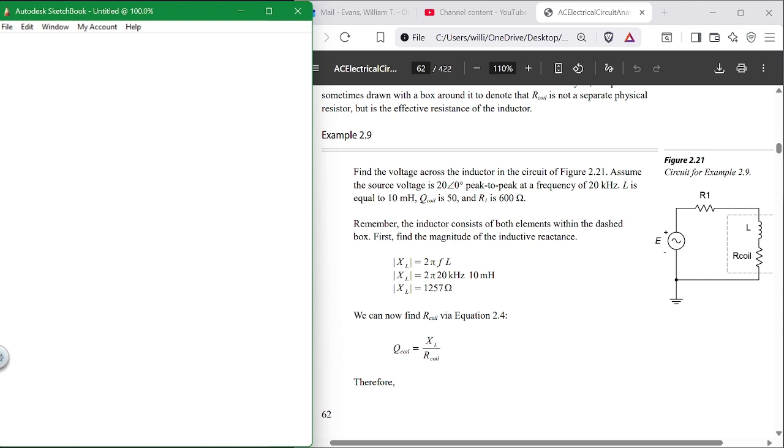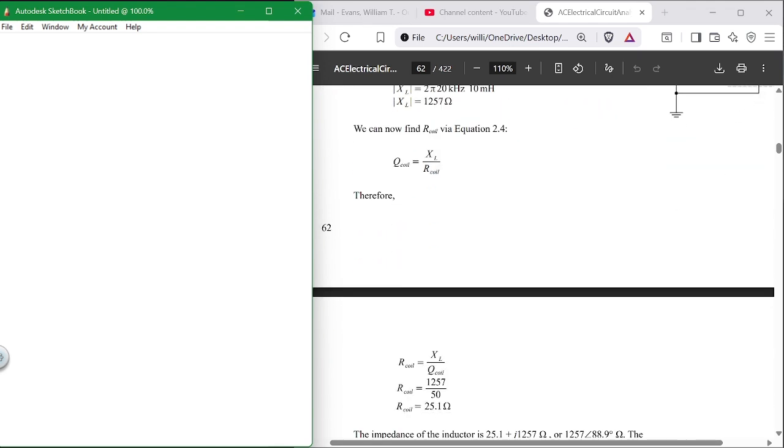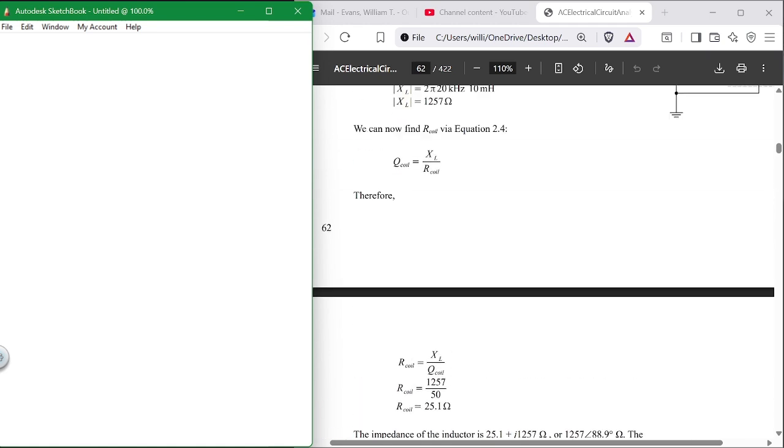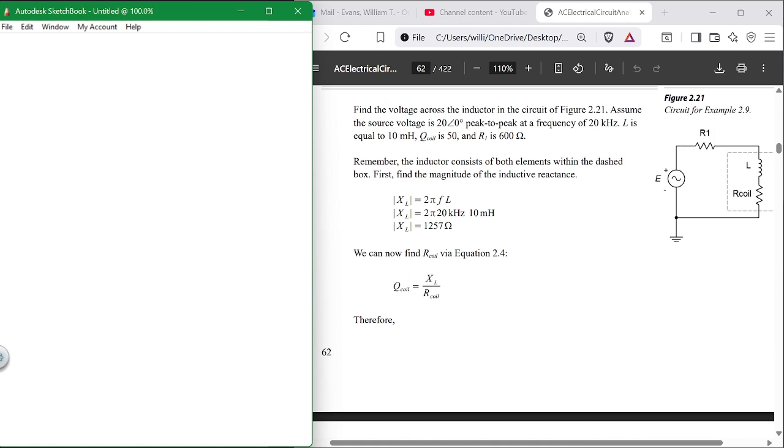So a high Q, high quality inductor is one that has a lot of inductance for a little resistance. Okay? Again, you don't care other than the fact that Q stands for quality. And a real live inductor has both of these.